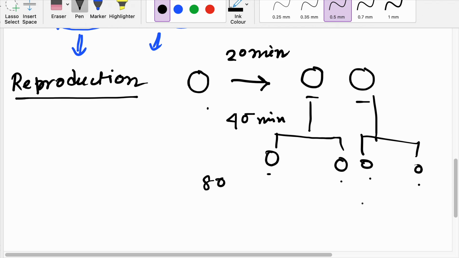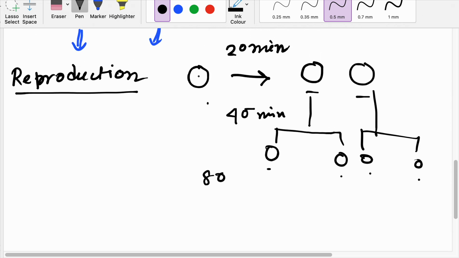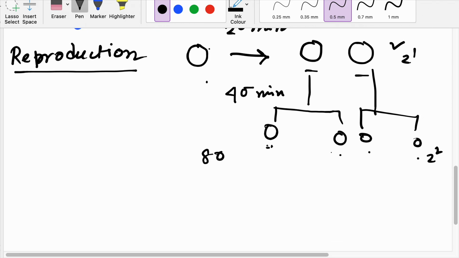Now the question is, how many cells will there be after 3 days? If you see it this way, 20 minutes is one generation. In one generation, 2 to the power 1 cells are there, in the next generation 2 to the power 2, and in the third generation each of them will again give 2.